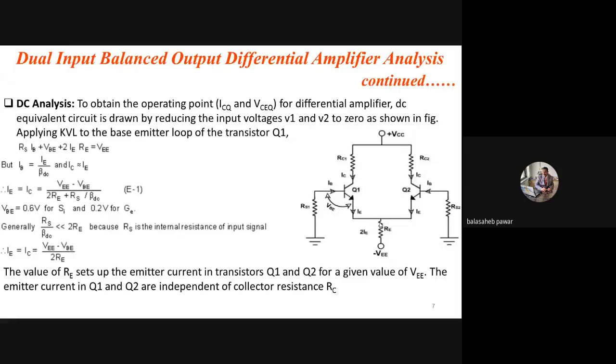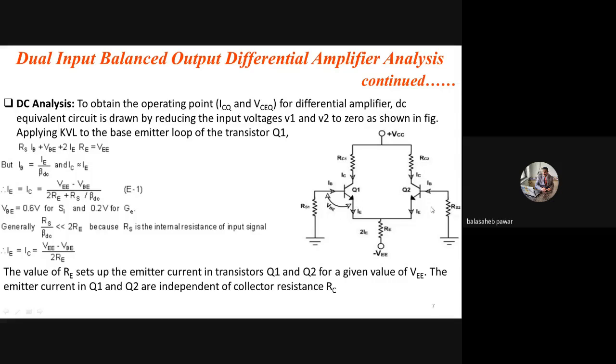What is that resistor RE? It is not a single resistor, remember. It is the various circuits which you studied in the second unit, that is the current mirror circuit, constant current source, and all that. That complete circuit, for simplicity's sake, is replaced by a single resistor. So this resistor RE, or those circuits, and the applied negative voltage will bias both transistors.